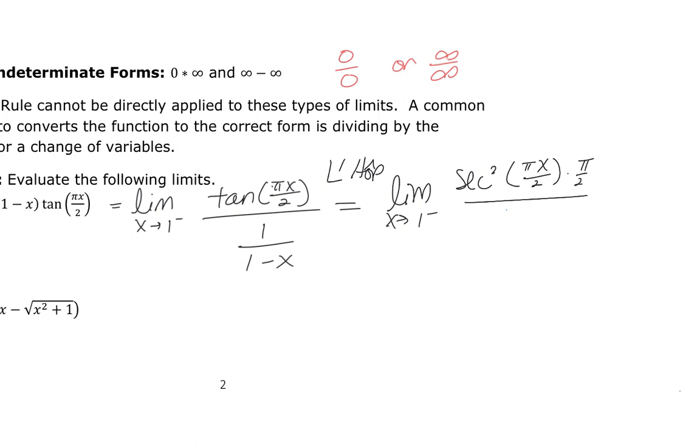And in the denominator, since this is 1 minus x raised to the negative 1, its derivative is going to be negative 1 minus x raised to the negative 2, multiplied by a negative 1. So this will become 1 over 1 minus x, the quantity squared.